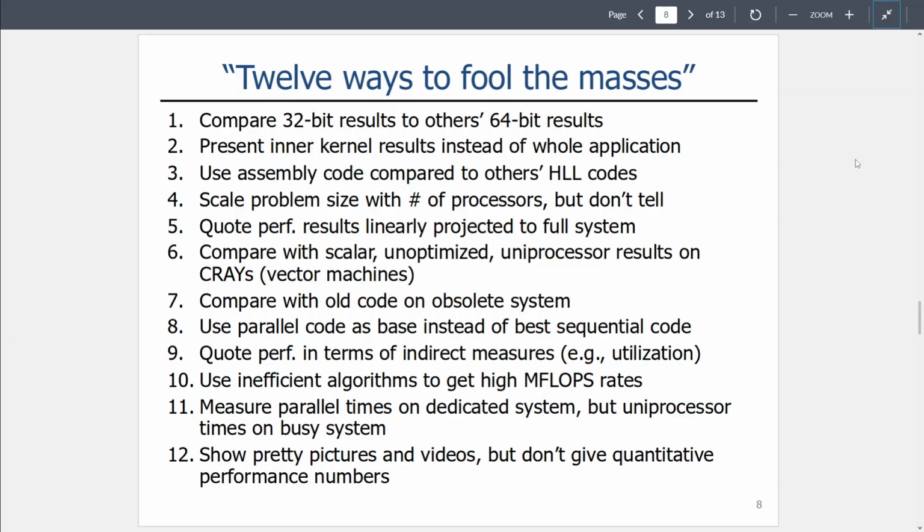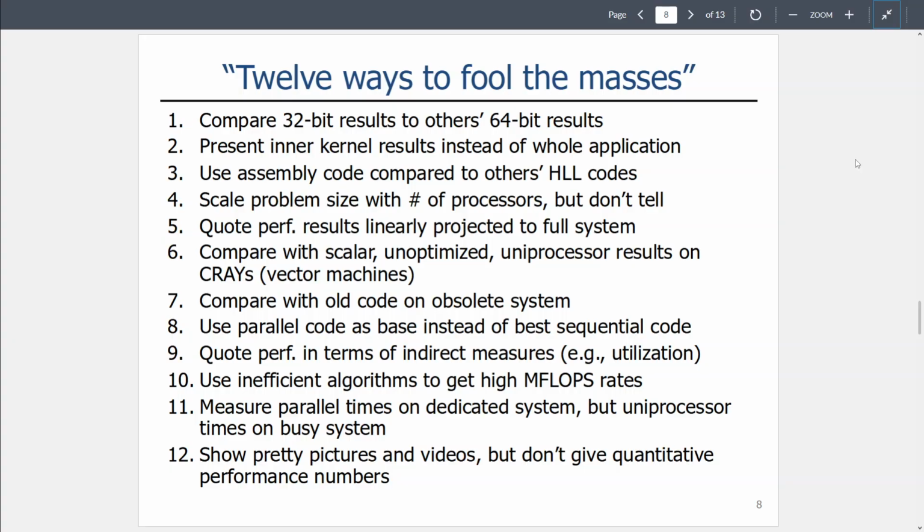And people have done that. If you're going to do that, tell people that this is a projection. Maybe I don't have access to a machine to run on that many cores, so I decided to use a linear projection instead. Perfectly okay to do, but you have to tell people that's what you're doing.